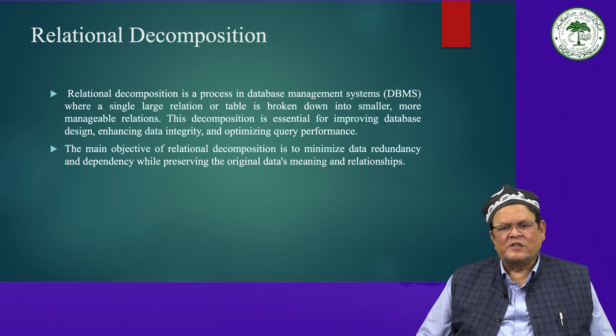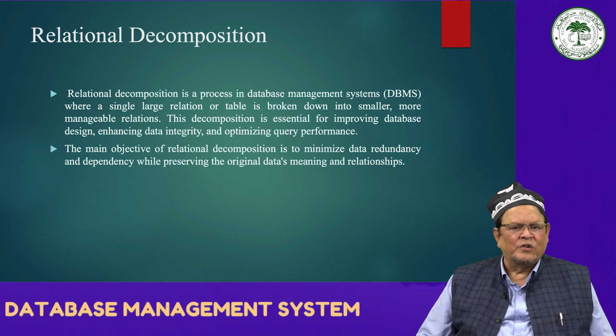This is typically achieved through techniques such as normalization, which involves organizing data to eliminate redundant information and ensure that each piece of data is stored in only one place.